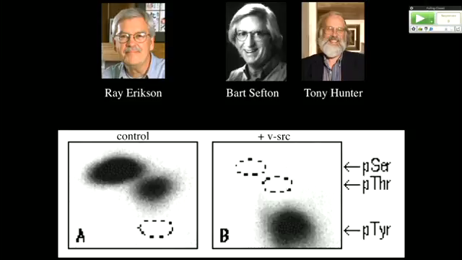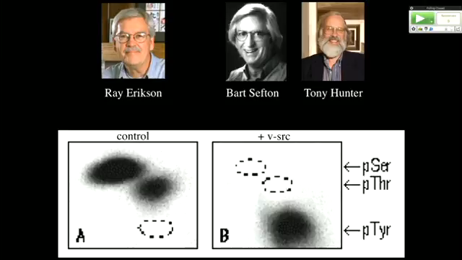And in normal control cells, you see that phosphoserine is the predominant, followed by phosphothreonine. So in normal cells, there's a lot of phosphoserine and phosphothreonine, and there's little, if any, detectable phosphotyrosine. Okay.